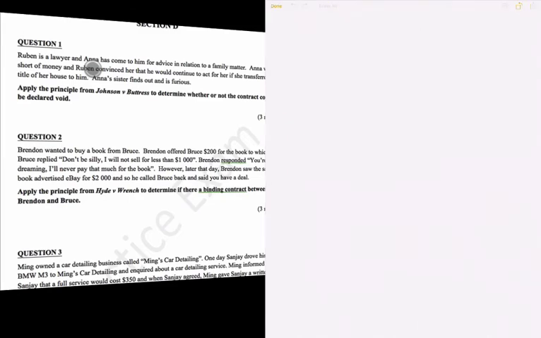In question 2 here, we see Brendan wanted to buy a book from Bruce. Okay, so I'm just going to make a few notes. Brendan offered to buy it for $200, to which Bruce replied, "Don't be silly, I wouldn't sell it for less than $1,000."